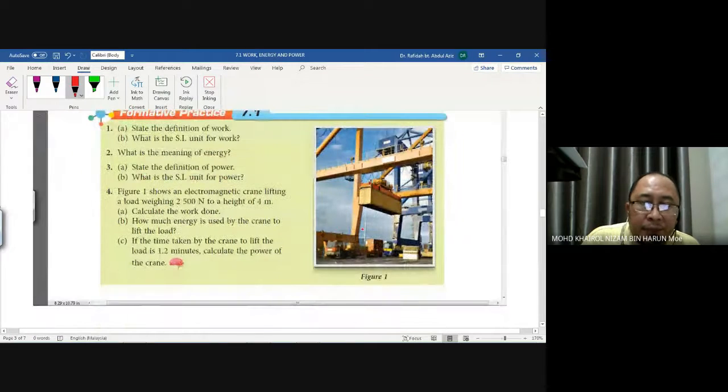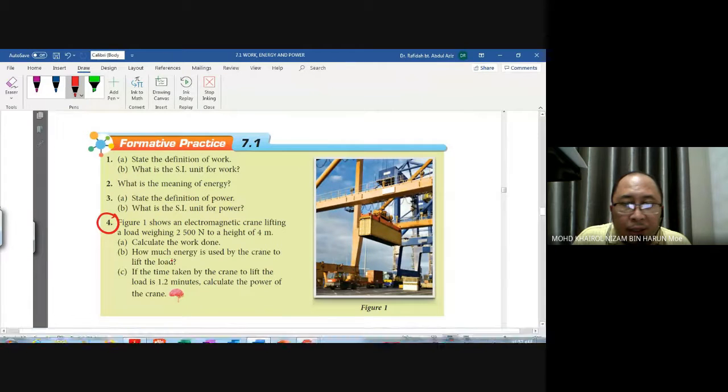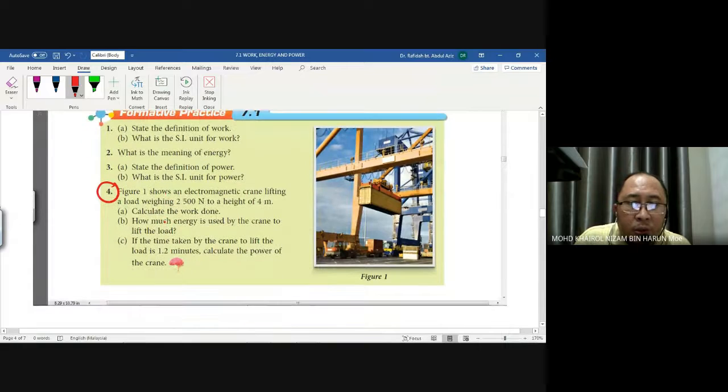Okay, so we look into this formative practice 7.1, question number 4. Figure 1 shows an electromagnetic crane lifting a load weighing 2,500 Newton to a height of 4 meter.